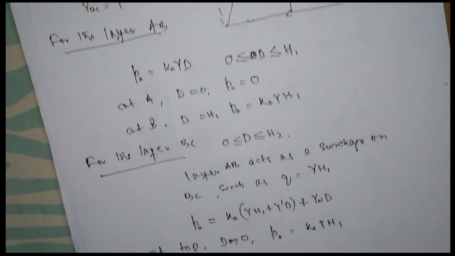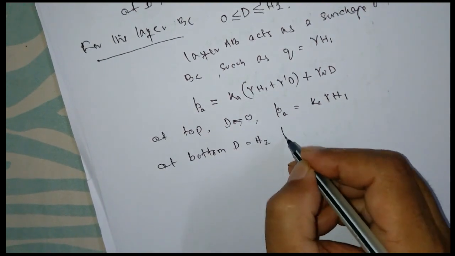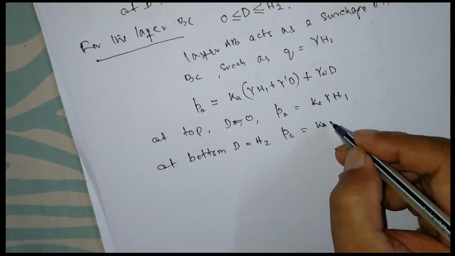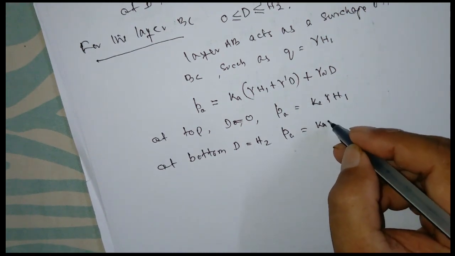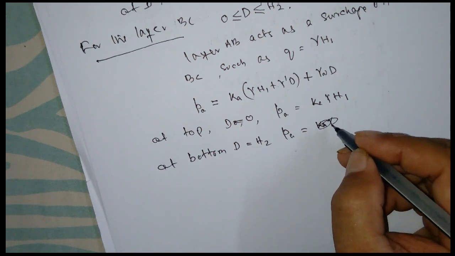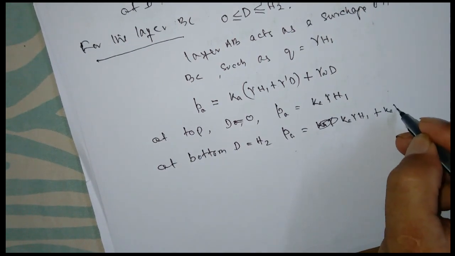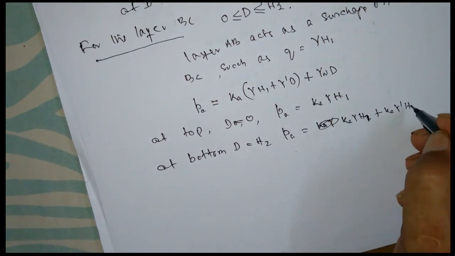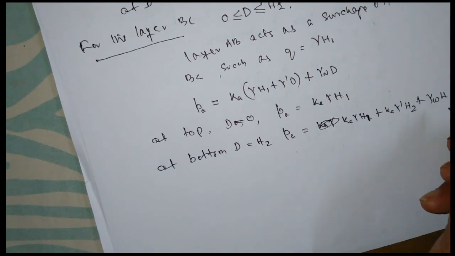At bottom, when D is equal to H2, Pa will be Ka gamma H1 plus Ka gamma sub H2, plus gamma W H2.